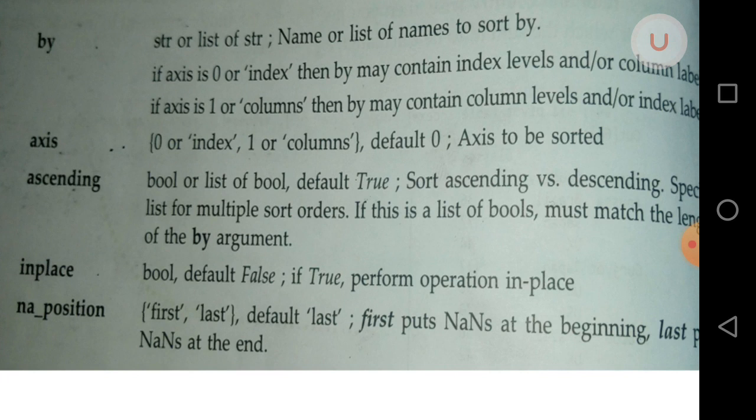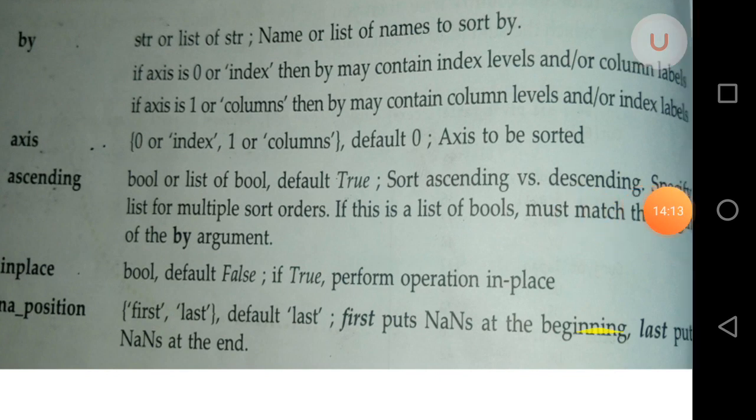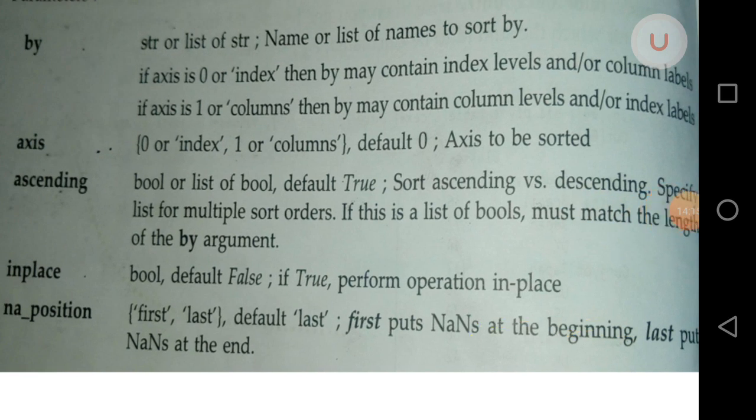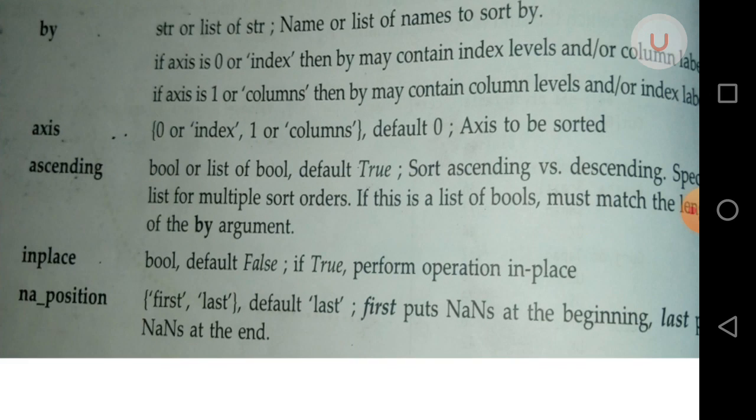By default, if the data frame contains any NaN values, we can change the order of the NaN values. If we put na_position equal to first, then the NaN values come first, and if we put na_position equal to last, then the NaN values come at the last in the data frame.